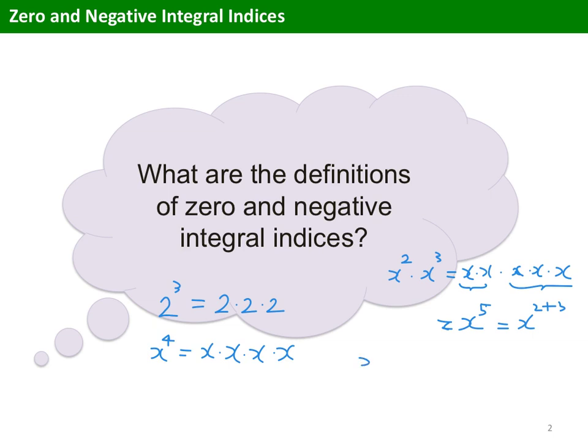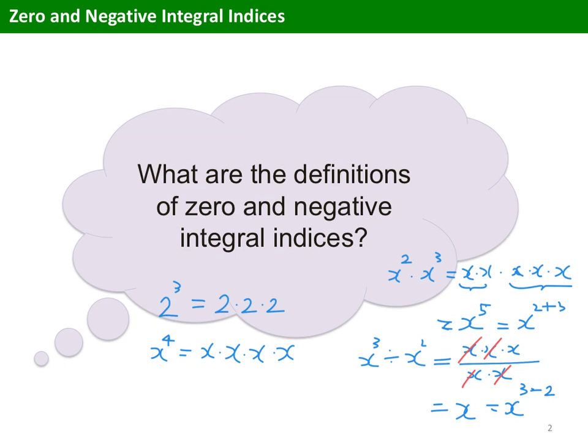Or the other example, x cubed divided by x squared. We have x times x times x divided by x times x. After you simplify, you get the result x to power 1. That means it's x to power 3 minus 2.